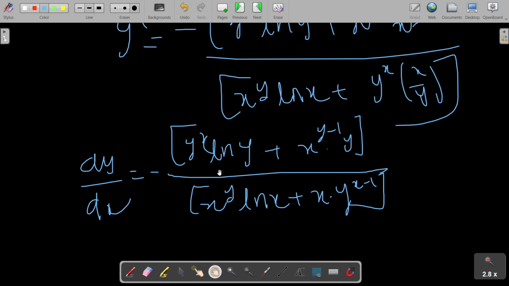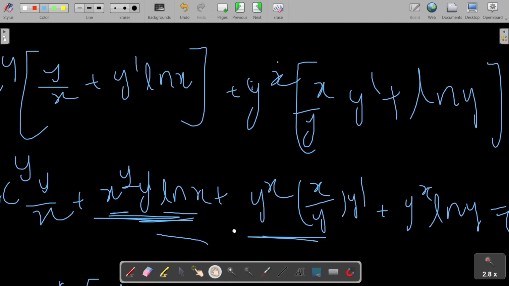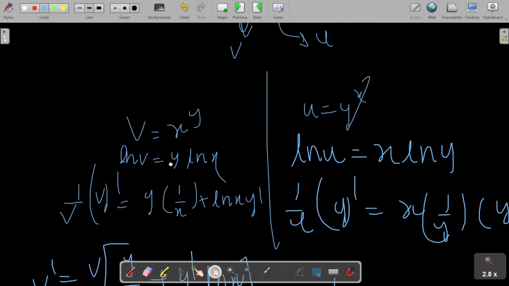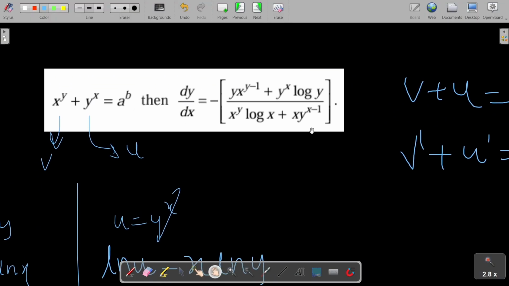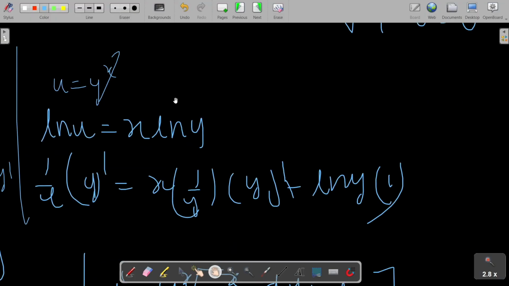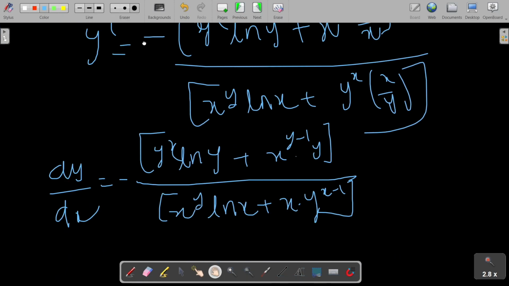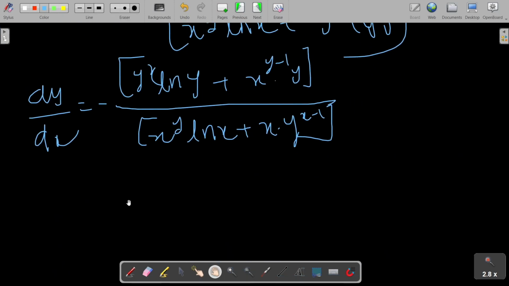This is very lengthy problem. If you compare this result with the one on the top, those two are the same, so we got the answer.